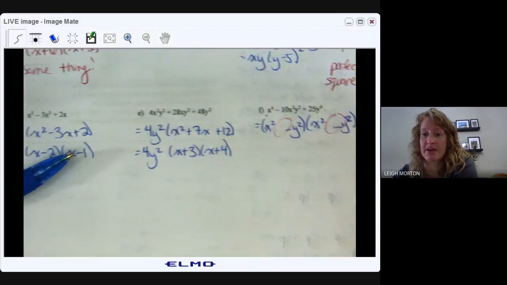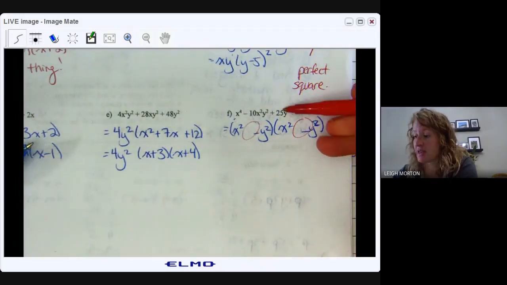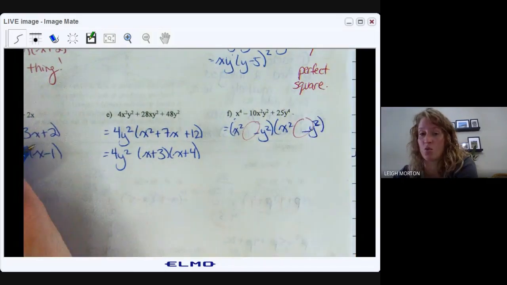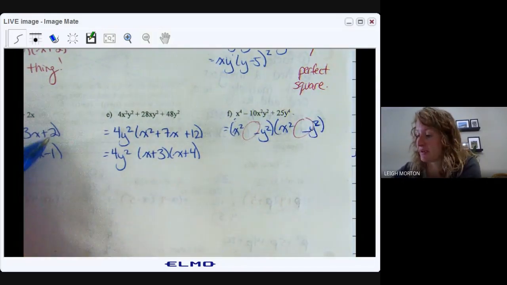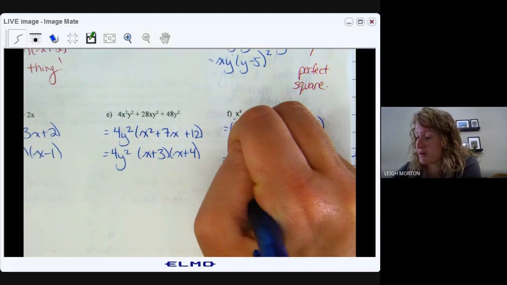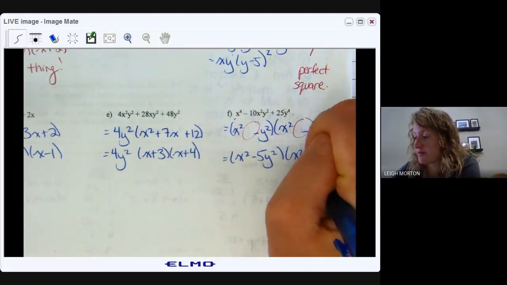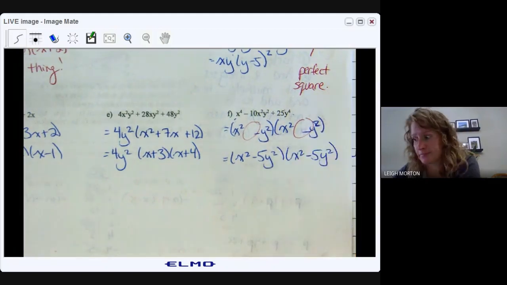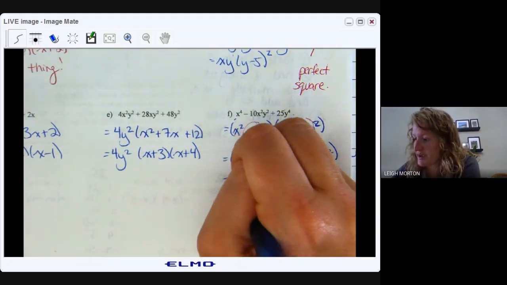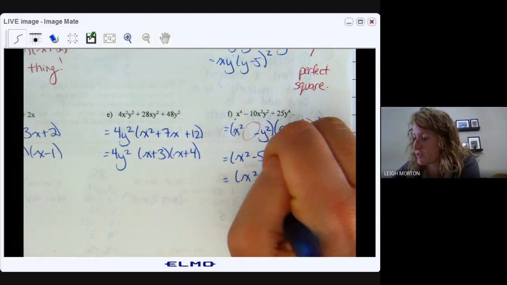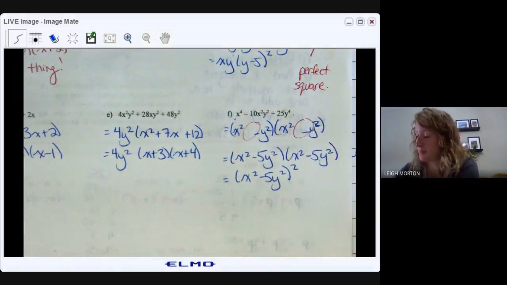So I can ignore my variables and I'll just say, all right, what are two numbers that multiply to 25 and add to negative 10? Well, it's negative 5 and negative 5. So that gives me x squared minus 5y squared times x squared minus 5y squared, which I could simplify as x squared minus 5y squared, squared.